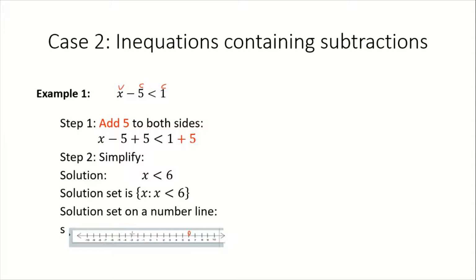So notice I am going towards the left. That means your arrow should draw towards the left. So you're going to put on your arrow going towards the left, just like that. And this would be how you represent x is less than 6 on a number line.